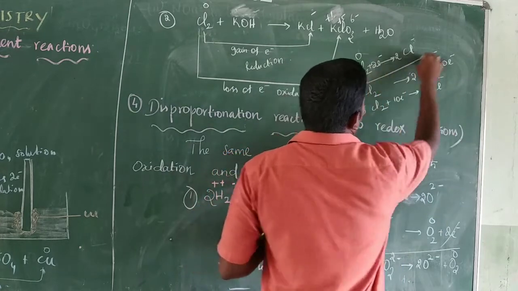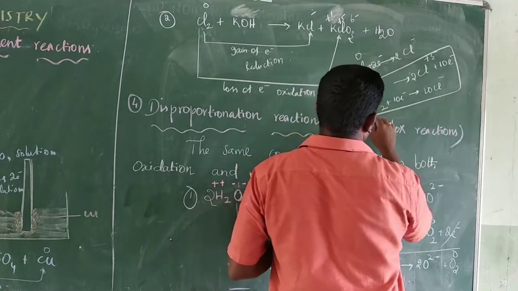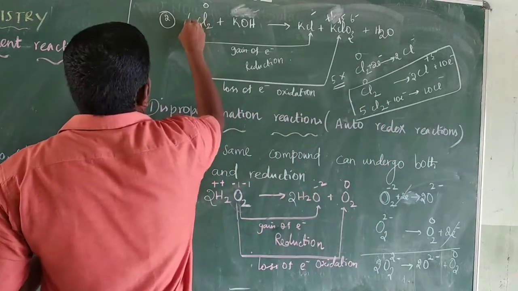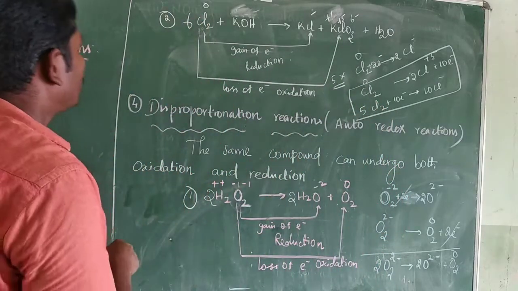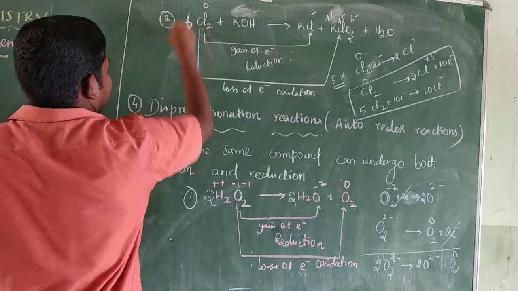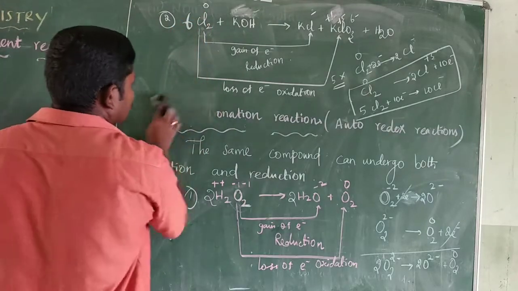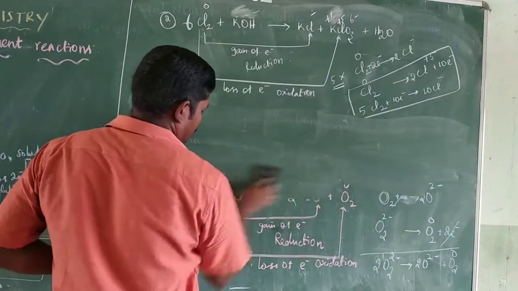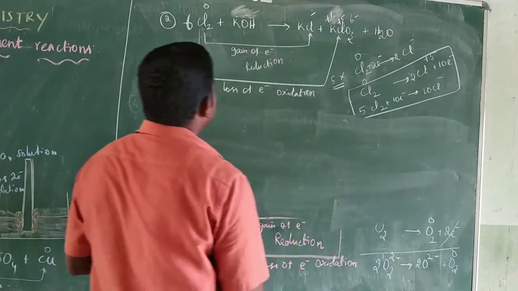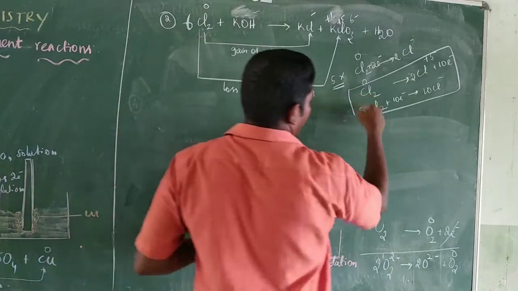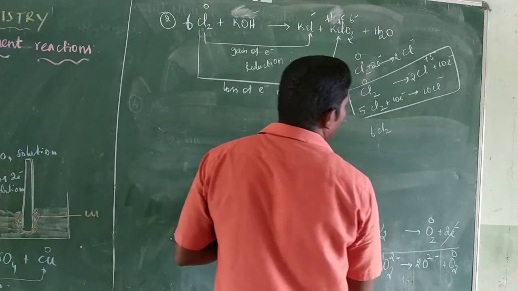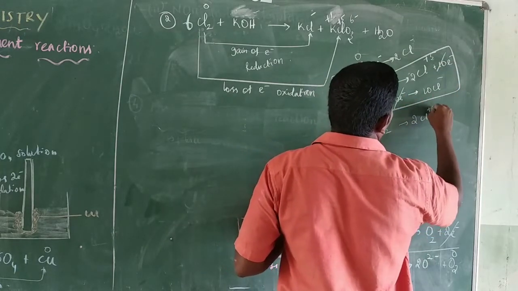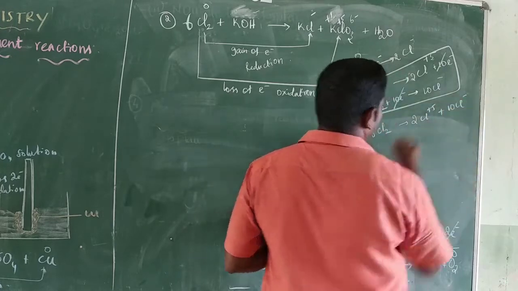Now add these two reactions: 5 plus 1, 6Cl2, with the 10 electrons, will give 2 Cl plus 5 plus 10 Cl minus.